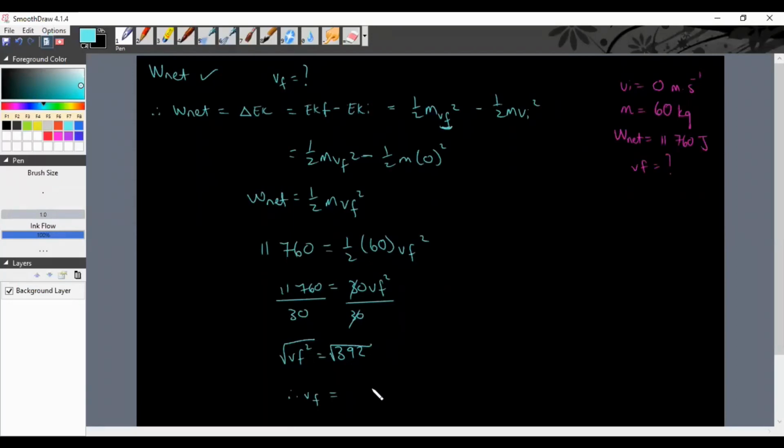Because I used the whole number, mine will have 19 point something. So if you got 19 meters per second, you are correct. But if I use this value, I've got 19.7989, which rounds up to 19.8 meters per second. Others also got 19.8 meters per second. Yep.